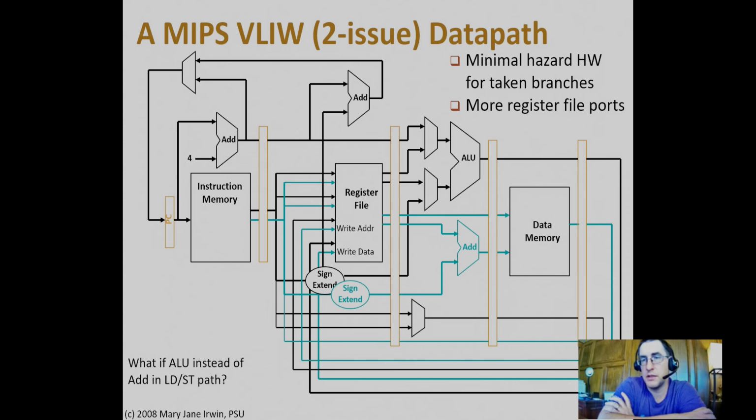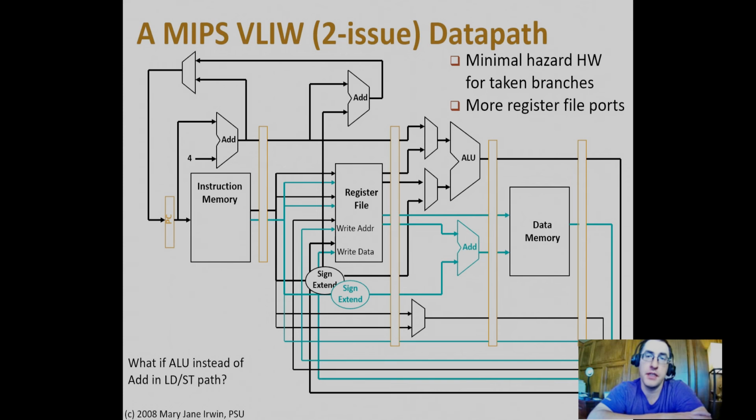The X2 is really just passing through, and the reason to have it pass through is to keep the two parallel pipelines the same length, so that they both arrive at the write back stage at the same time. We'll talk more about that in a moment.